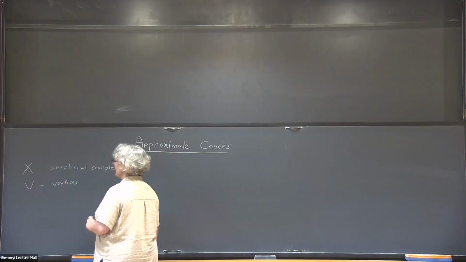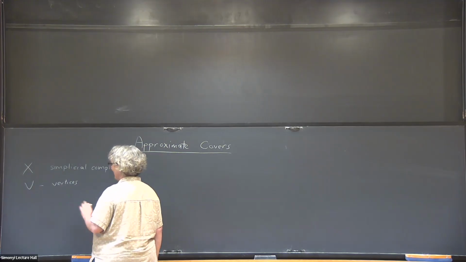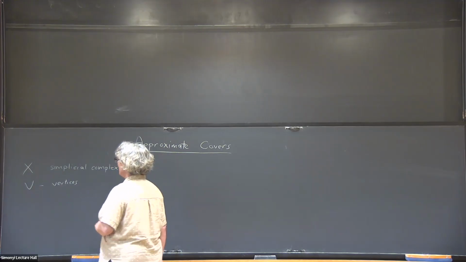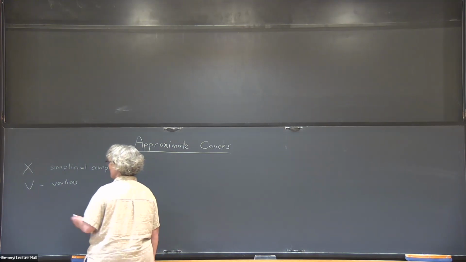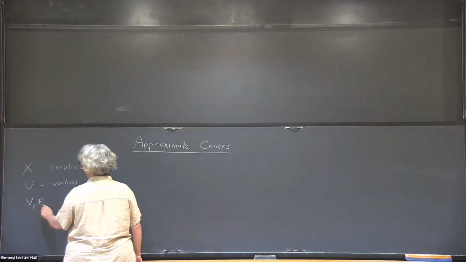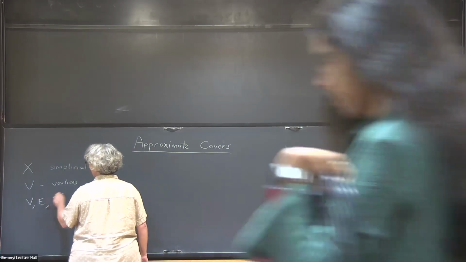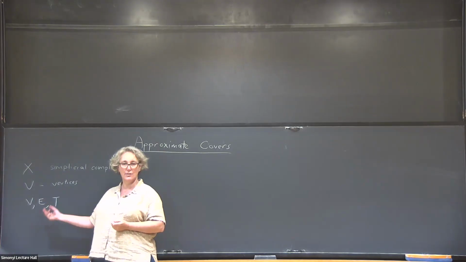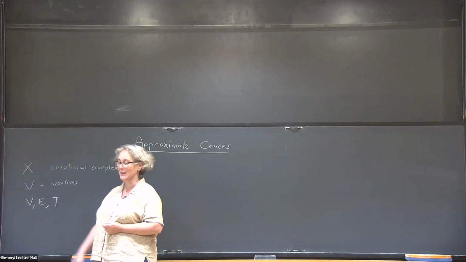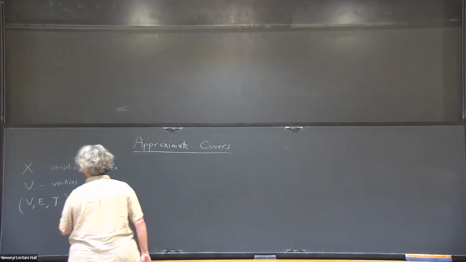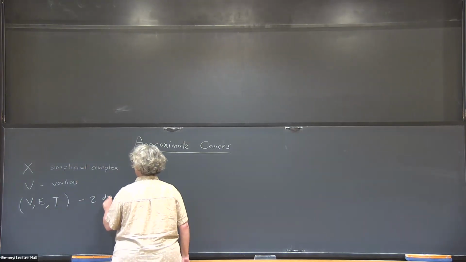And I'm going to focus on most of the talk, well, half of the talk, on two-dimensional simplicial complexes. So that would be just a graph with vertices and edges, and then we add another set that we call triangles, but these are just sets of three vertices, just like edges are sets of two vertices. Okay, so that's going to be my two-dimensional simplicial complex.